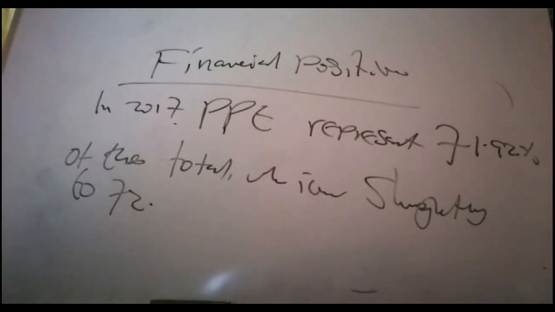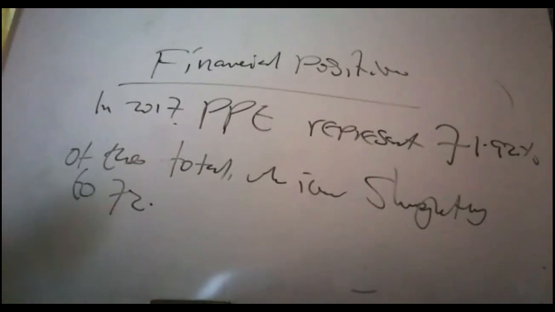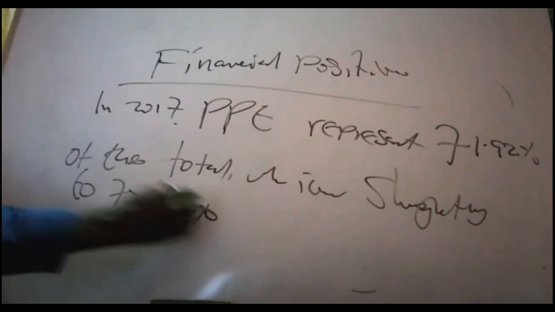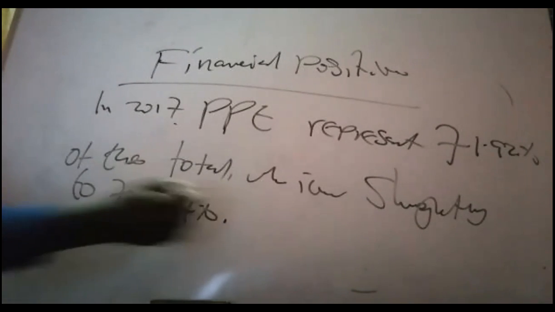Let me use actual figures. So 71.92 to 72.44. It's increased slightly to 72.44%. Good. Full stop.